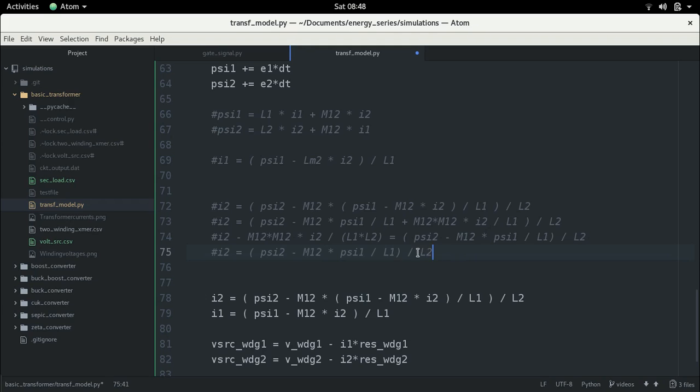So you just multiply. Again, there is no power electronics here. I'm just using simple substitution. And let me just copy this, and let me get rid of this I2 term. So this is our equation, right?